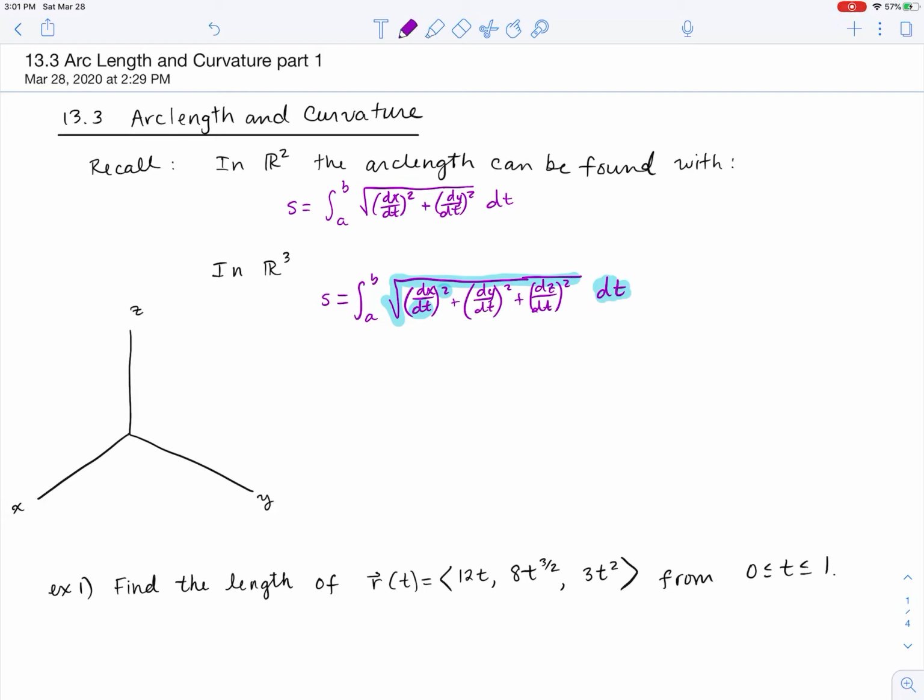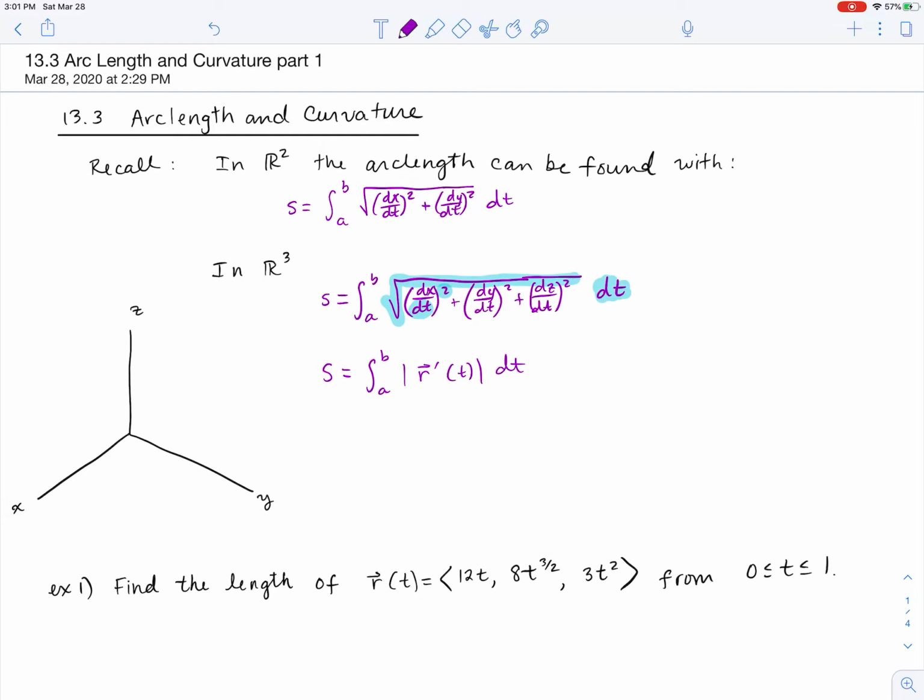And if you notice, this is actually the same as the integral from a to b of the magnitude of r prime, since the square root of the sum of the squared derivatives is the magnitude of r prime. So this is a little bit more compact and easier to remember.